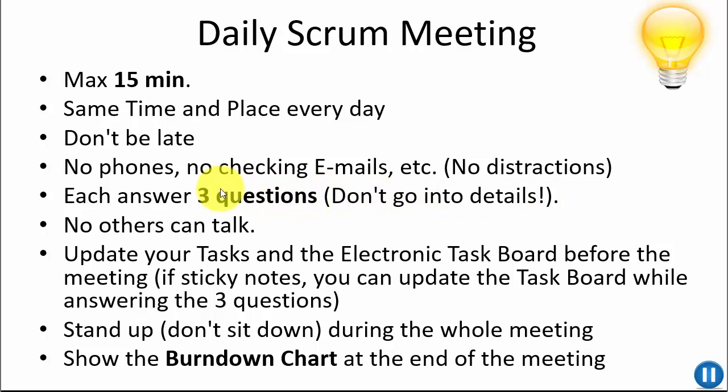While one team member answers, no one else in the team should talk. While he answers these questions, he could update the taskboard, especially if you use an ordinary whiteboard with sticky notes.